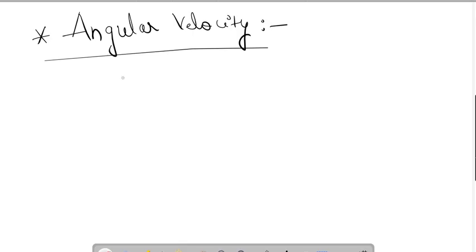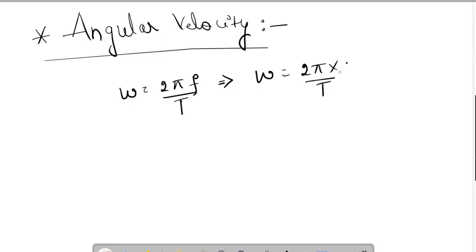Now angular velocity. Angular velocity, you will get omega is equal to 2 pi by T. Sorry, just a second.